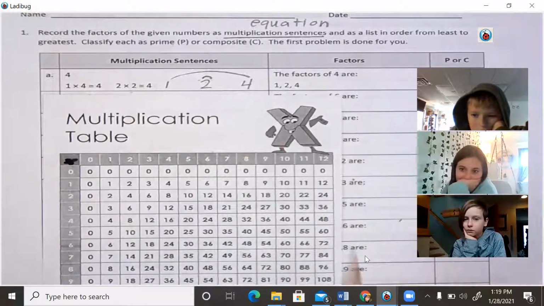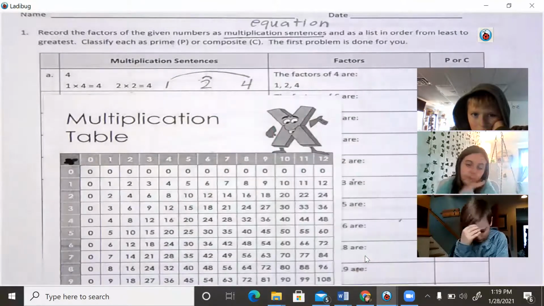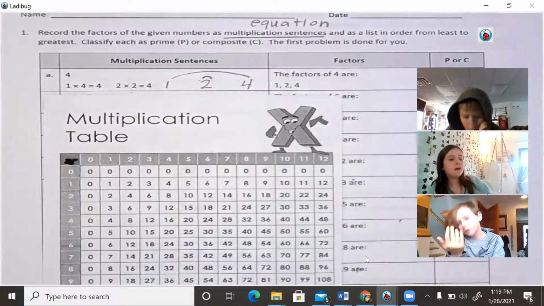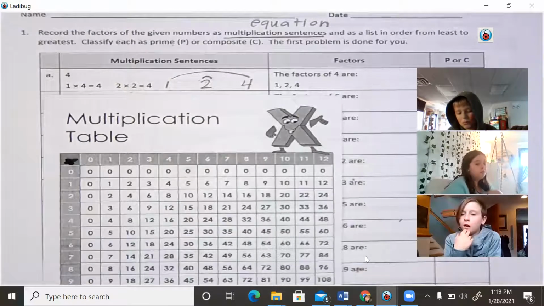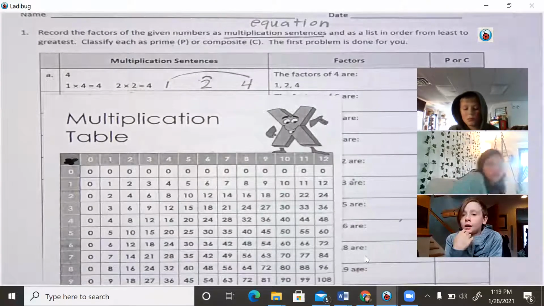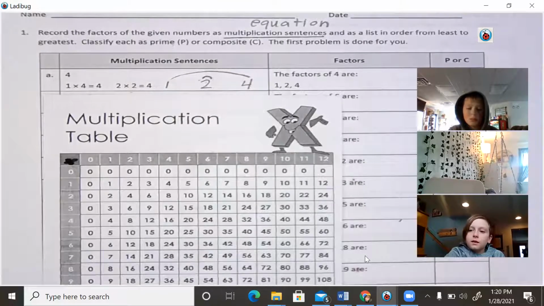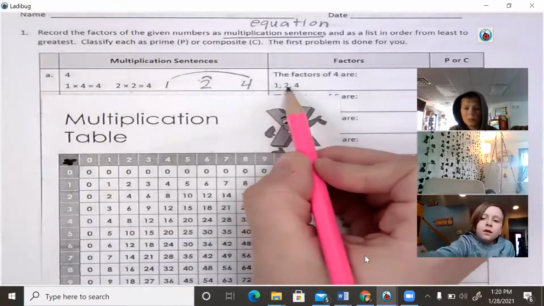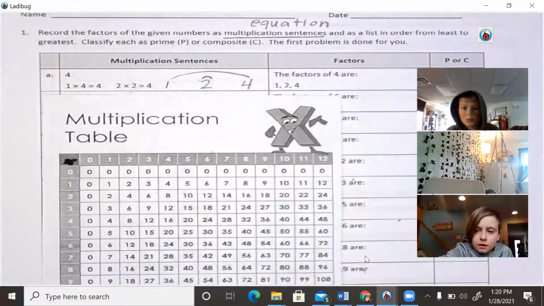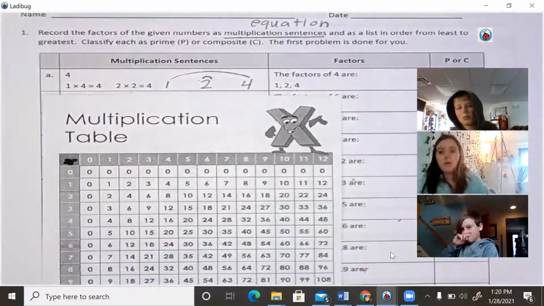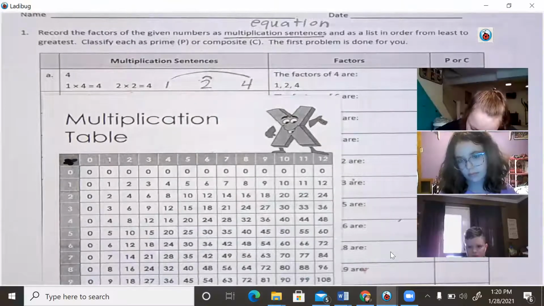You don't have to keep going to 3 and proceed to count up. Also, whenever you get back to a number, when you get to the turnaround facts, you know you have a completed list. So the factors are 1, 2, 4, which makes that number 4 prime or composite.